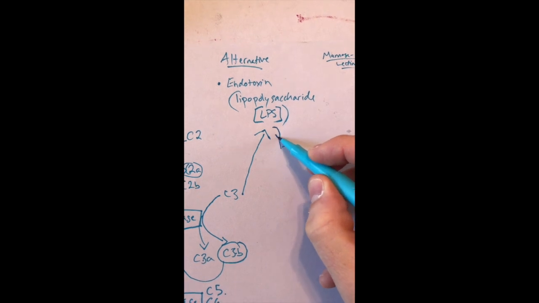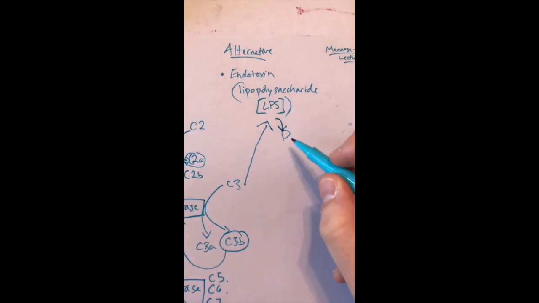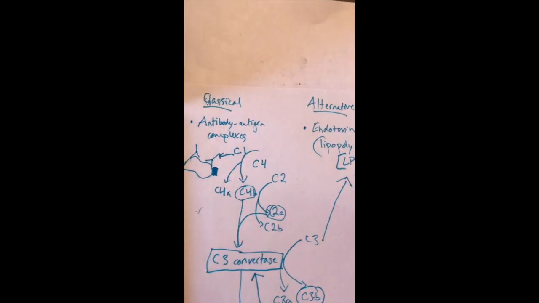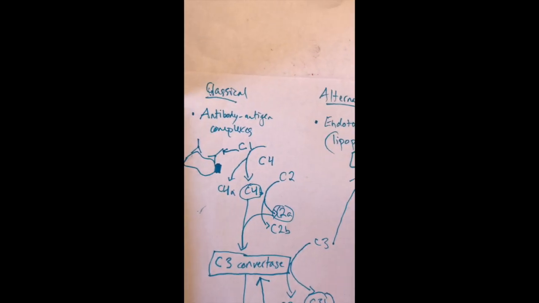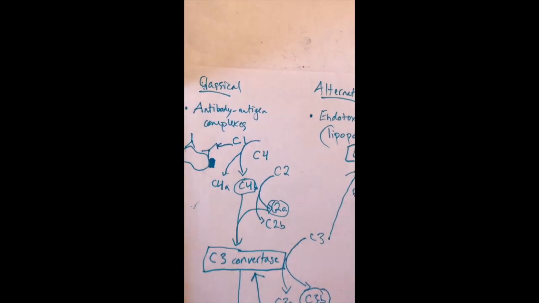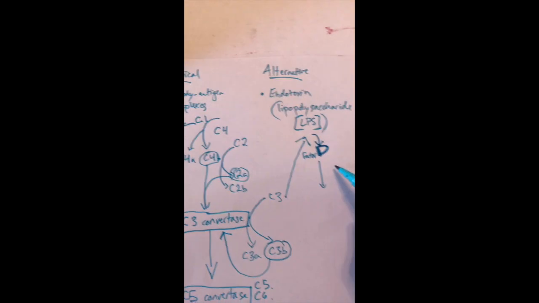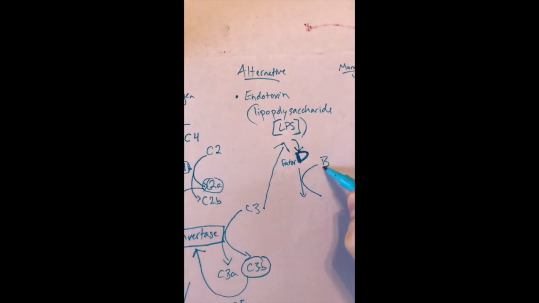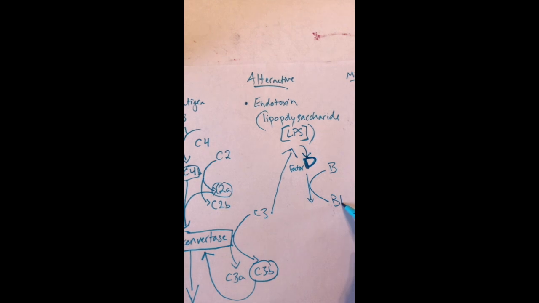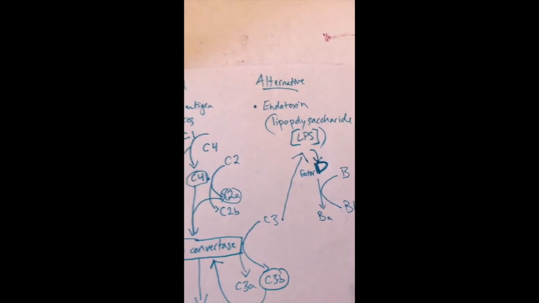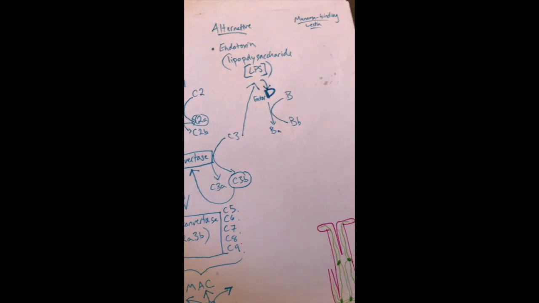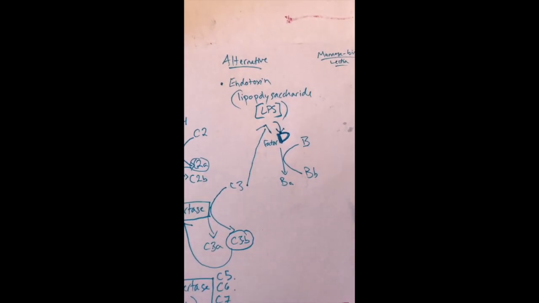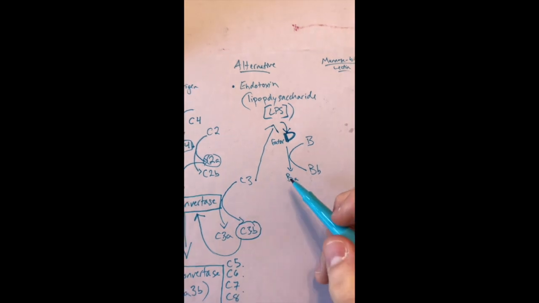So once C3 binds it, C3b will promote factor D, which then allows factor B to be cleaved into Bb and Ba, which then will go back to a really similar cascade to the classical pathway.